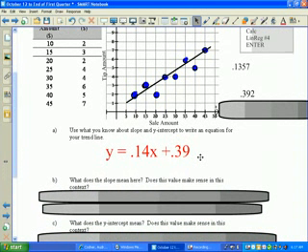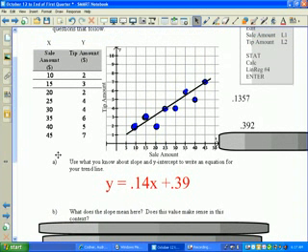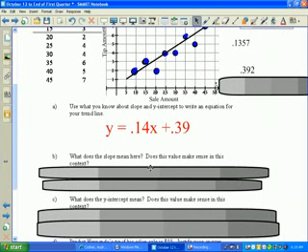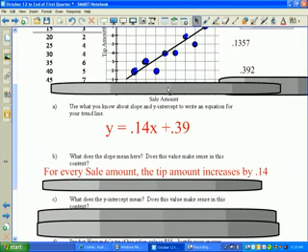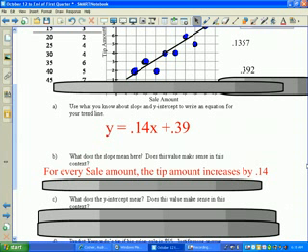So what does that 1.4 mean? For every sales amount, the tip amount seems to be increasing because my sales are increasing, my tips are increasing. But how much is it increasing by? It's increasing by that 1.4.